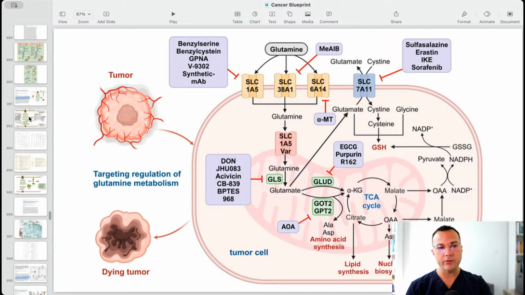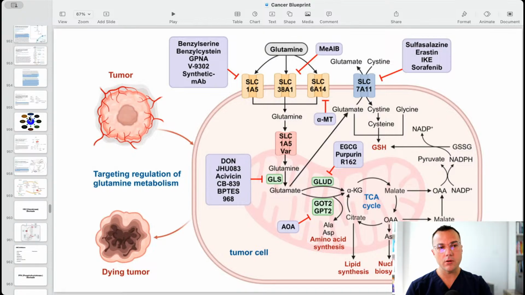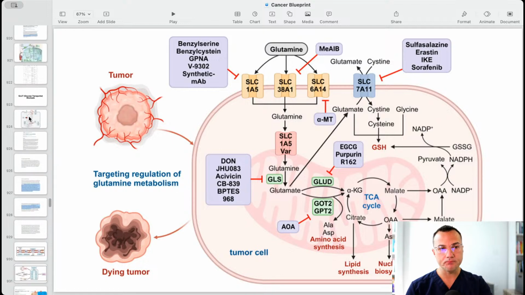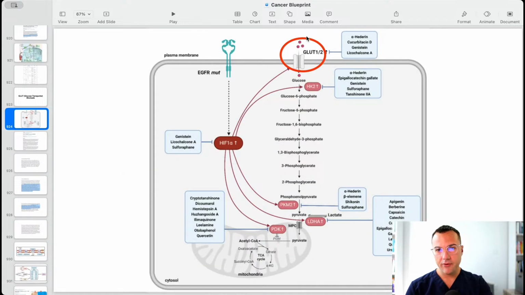We're going to be doing that for glycolysis, or the breakdown of sugar, as well. Today, I've circled where we're going to be looking: the glucose transporters, the GLUTs, and the different GLUT transporters that are potentially inhibited by a variety of substances.